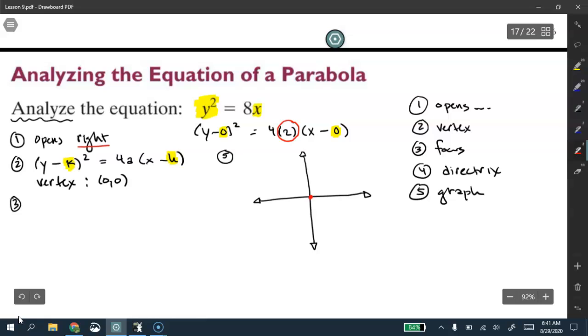You're going to go 2 units in front of the parabola and 2 units behind the parabola, and you're going to make a focus and then a directrix respectively. So 2 units in front of 0, comma 0. The coordinates of the vertex are 0, comma 0, so 2 units in front of it would be what? 2, comma 0. And 2 units behind it would be the directrix.